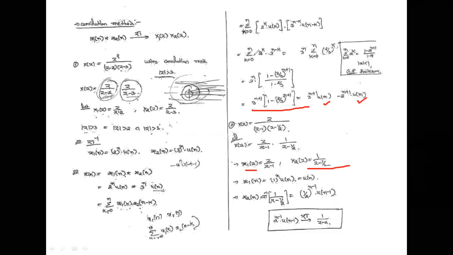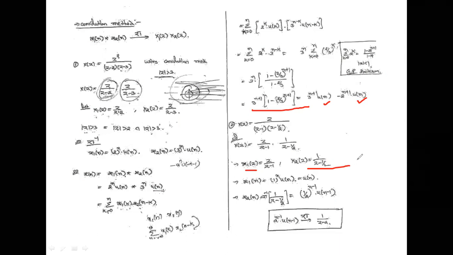But for 1 by z minus a, the inverse z transformation is 1 by 2 whole power n minus 1 mu of n minus 1. One sample is shifted towards the right side.